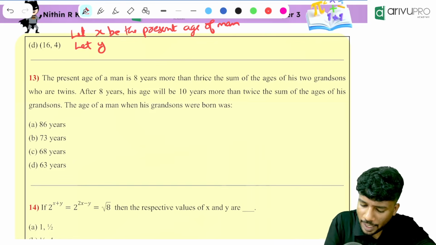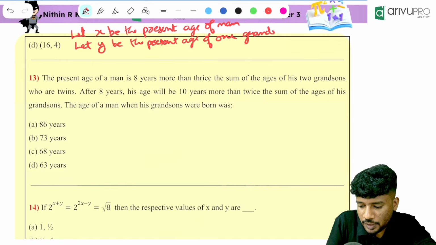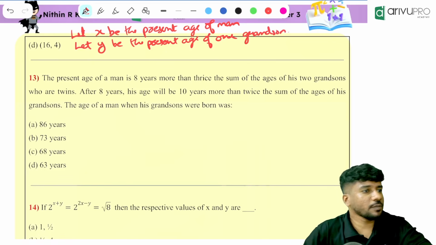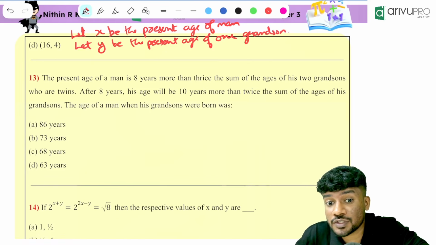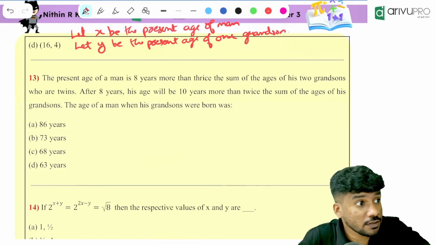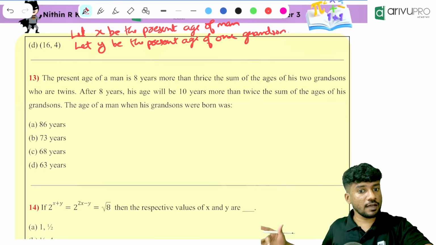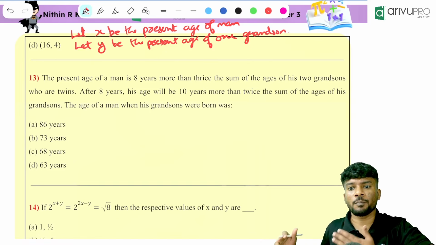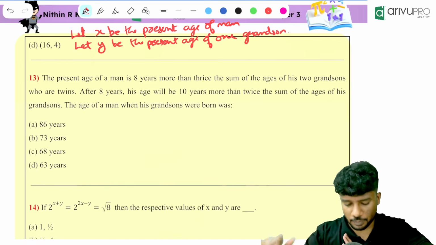Then let Y be the present age of one grandson. Okay, are you getting my point? Y be the present age of one grandson. How many grandsons are there? Two grandsons are there. That means what will be the ages of each? For example, my age is Y. My twin will also have how much age? Y itself. If my age is 5, his age also is 5. That is the meaning. Keep it in your mind.